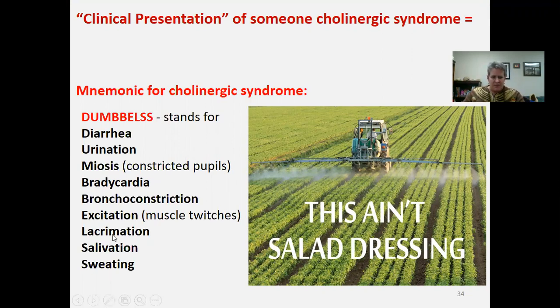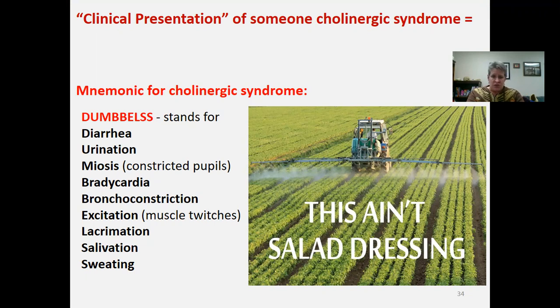Now, lacrimation is tearing, your eyes water. Salivation, you know what that is. That's a GI function that ties into GI tract activities. And then sweating. The sweating is probably from the skeletal muscle seizures because your body temperature is rising. So DUMBBELS stands for all those things.